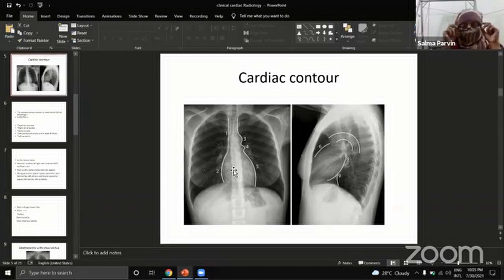Just mind that the cardiac dimension in a full inspiration film should not exceed 15 centimeter, and the pulmonary artery should not be more than 15 millimeter.